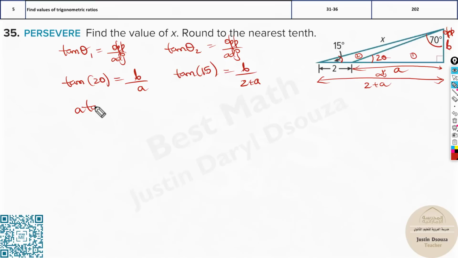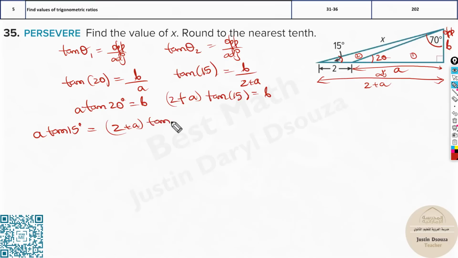A into tan 20 degrees will be equal to B, whereas 2 plus A multiplied with tan 15 is also B. Can I equate B and B? Because B is literally the same side. So I can equate these both. So from here, I get A tan 20 degrees is equal to 2 plus A times tan 15 degrees.